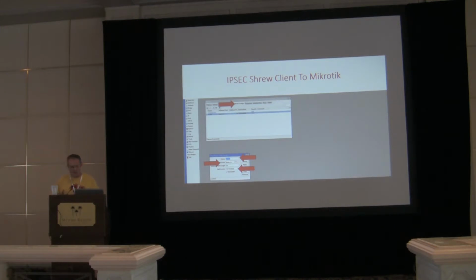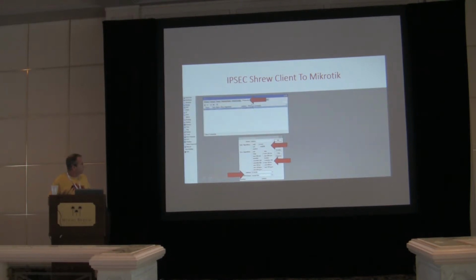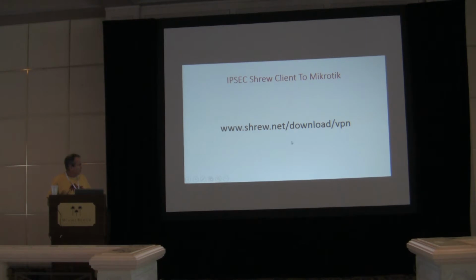You can add them or delete them or specify what they need to access as a general rule. And the same thing on your proposals, just pick the algorithms and encryption algorithm, authentication algorithms, make sure your lifetimes are going to be the same on both sides, etc. So it's all pretty straightforward.